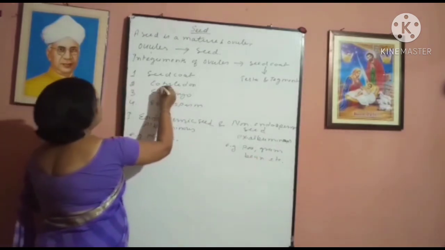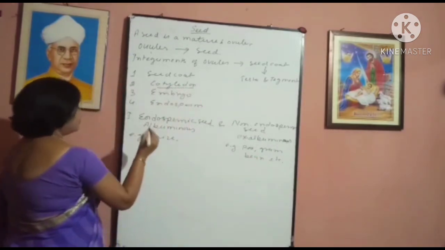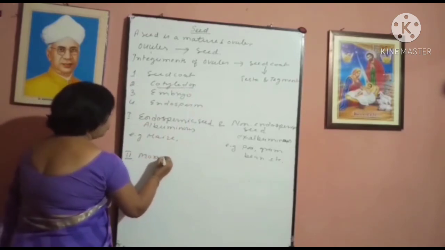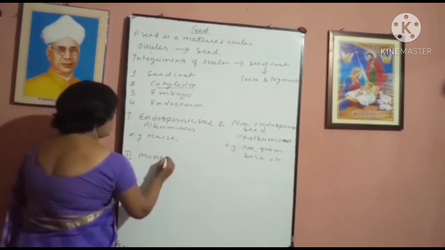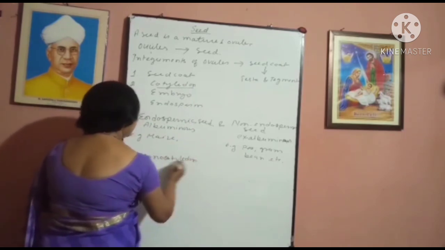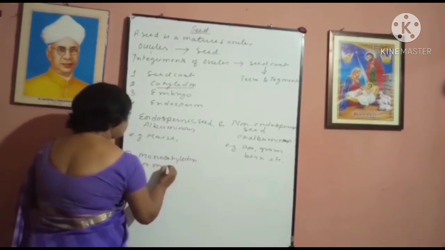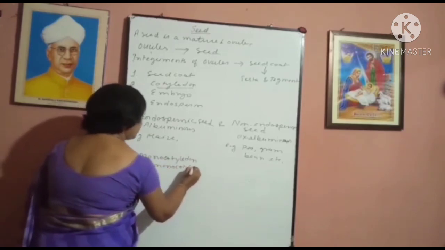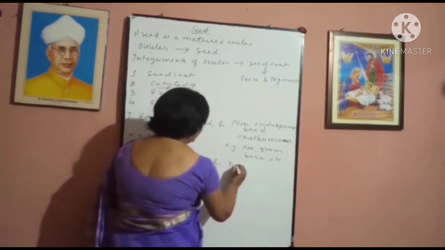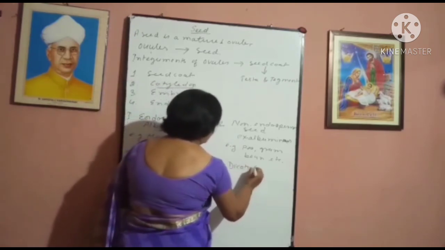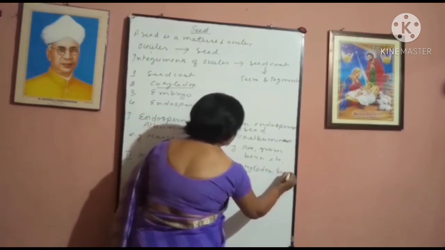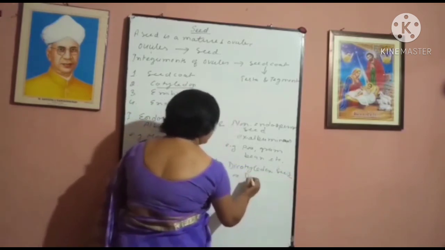Now, according to the number of cotyledons, the seeds are of two types: monocotyledon seed and dicotyledon seed, or dicot seed.